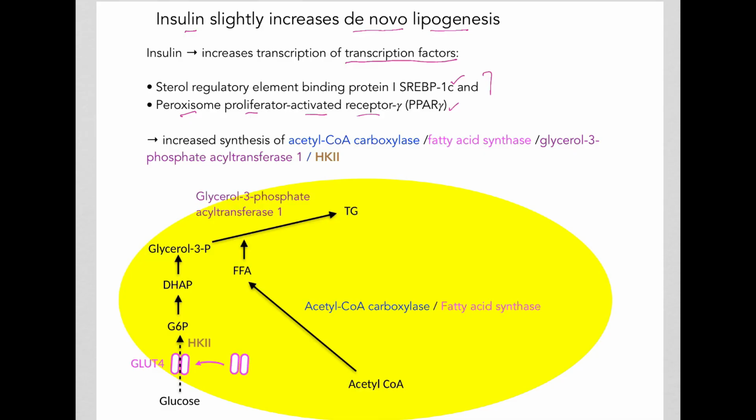And these transcription factors will then lead to the increased transcription and synthesis of key enzymes involved in fatty acid as well as triglyceride synthesis.